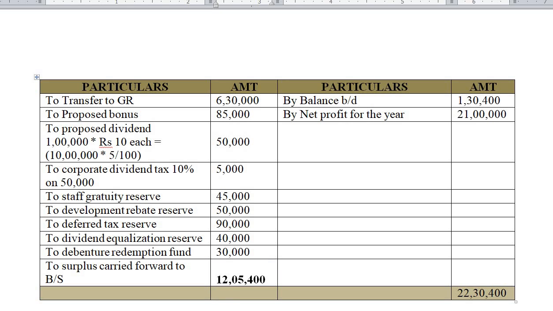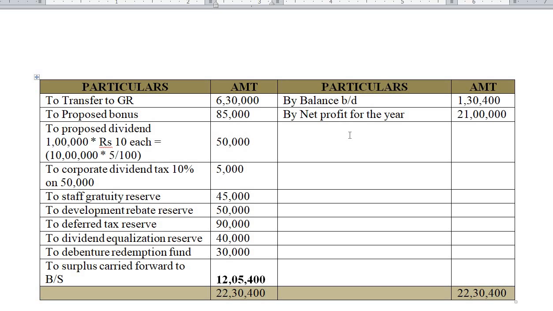On the debit side as well, you will write the total of 22,30,400. Always remember to provide this corporate dividend tax, which is the most important item while preparing the profit and loss appropriation account. So this is all you have to do in a profit and loss appropriation account.